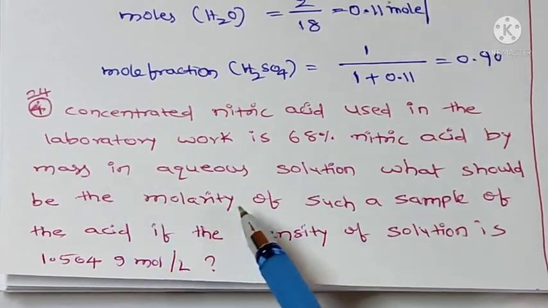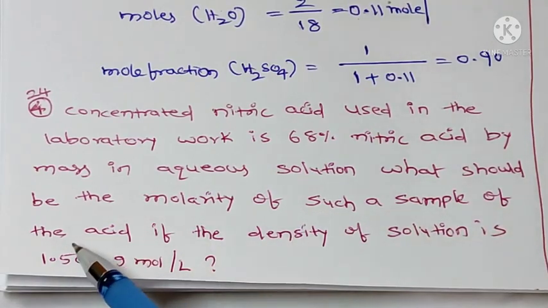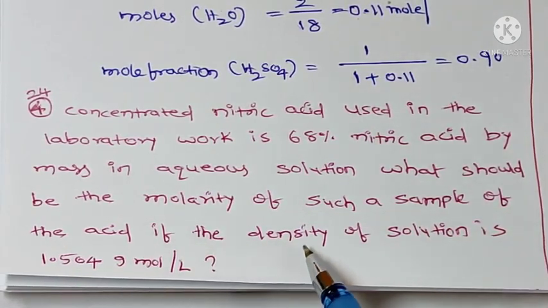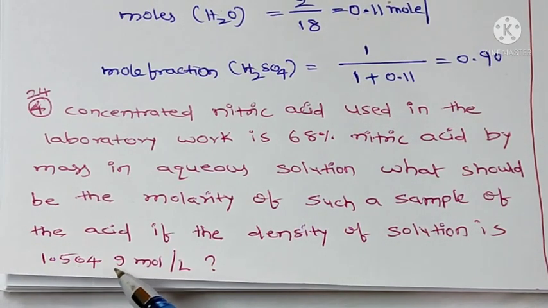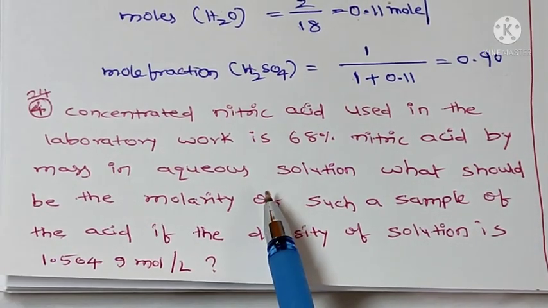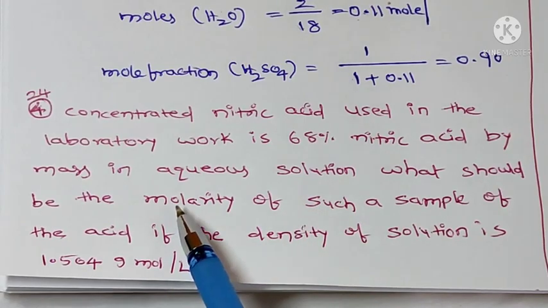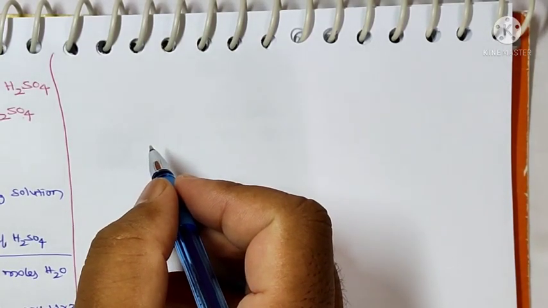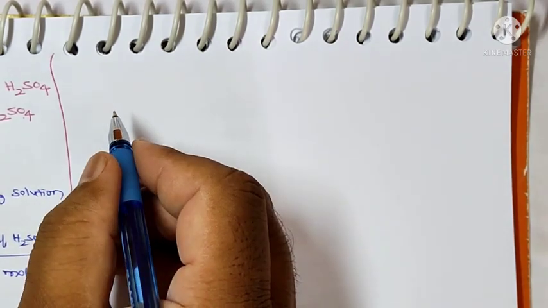What should be the molarity of such a sample of the acid if the density of solution is 1.504 gram per mL? In this we have to find out the molarity of a solution, so we have to take out the given values.